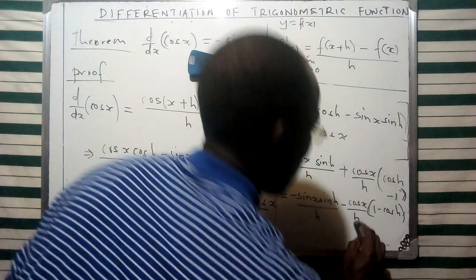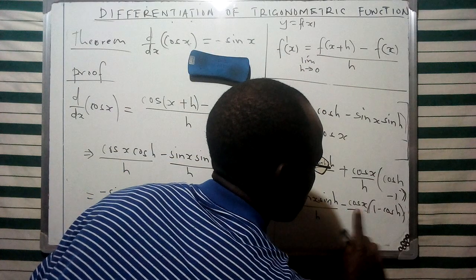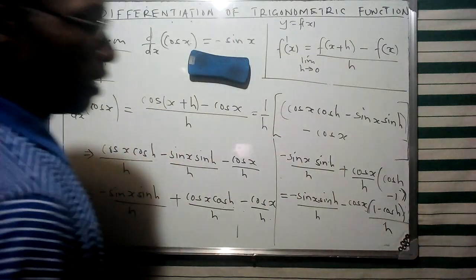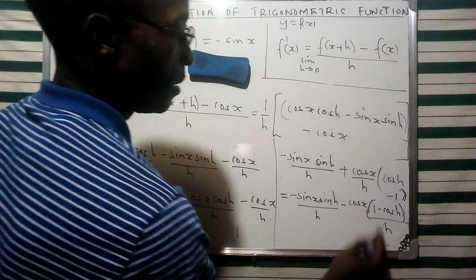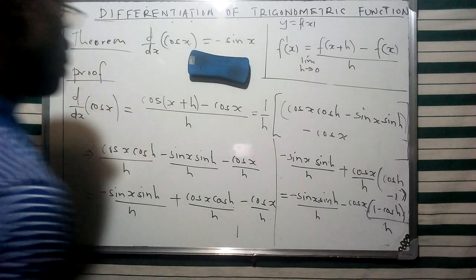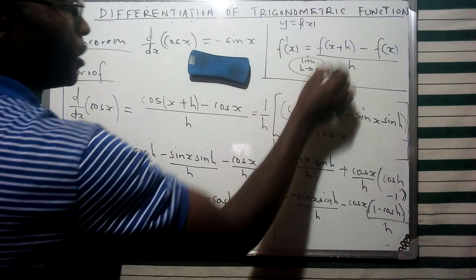So this second part of the equation can still be written in terms of cos x into 1 minus cos h over h. Now we have said that we're going to have this limit as h tends to 0.